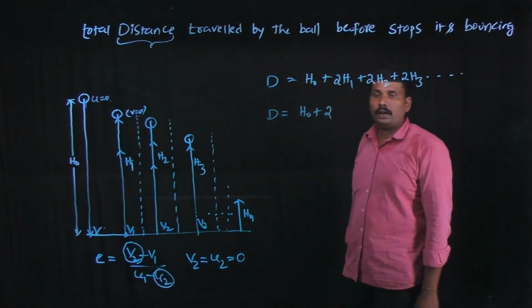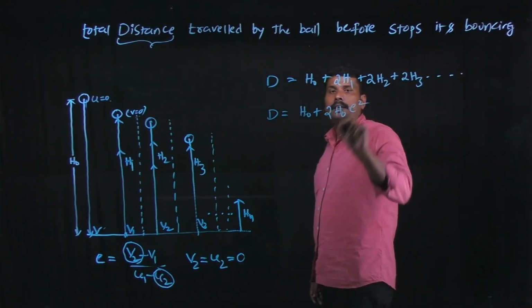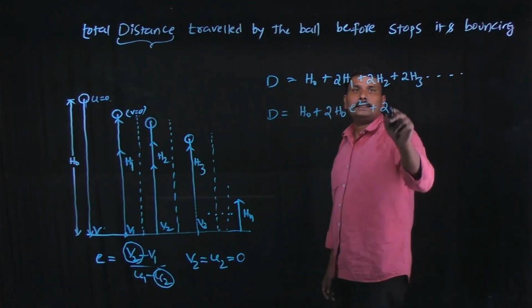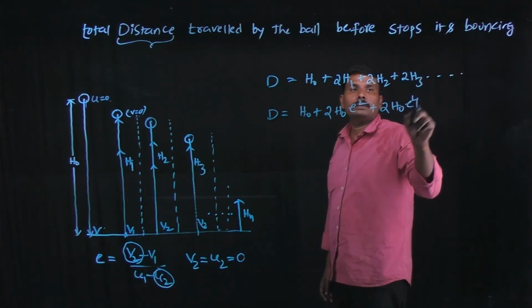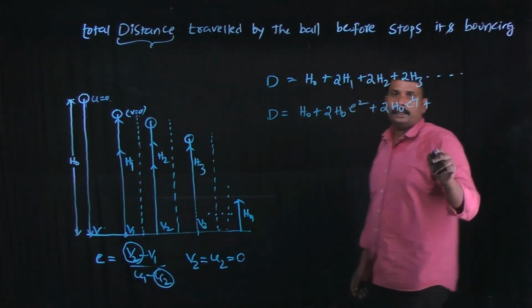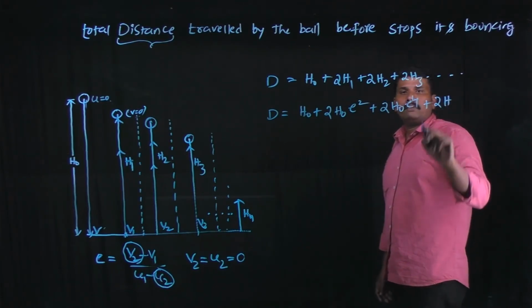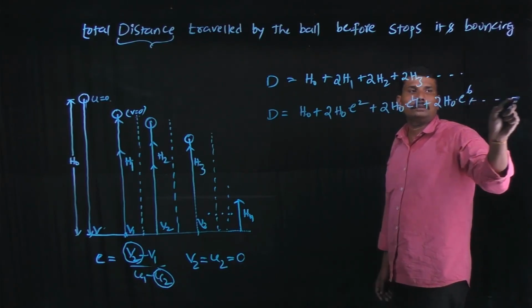We have the formula of h1 as h naught into e square, plus 2 into h2. It is the formula like h naught into e power 4, plus again 2 into h3. It is the formula like h naught into e power 6 plus and so on.